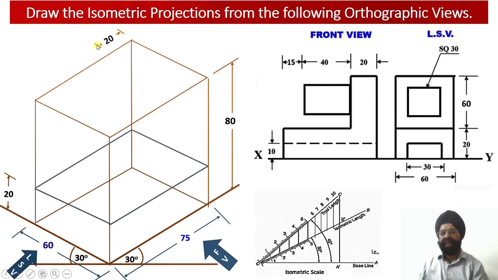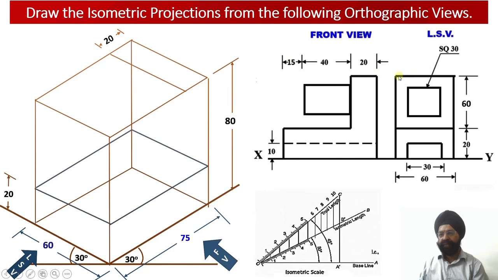And once I measure this distance, a projection line which will be parallel to this x-axis will be drawn over here, and this is going to define the top face of this vertical web. This is the horizontal top face of this vertical web, which is appearing as an edge view over here.